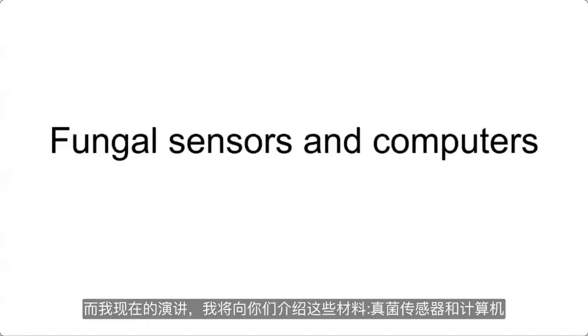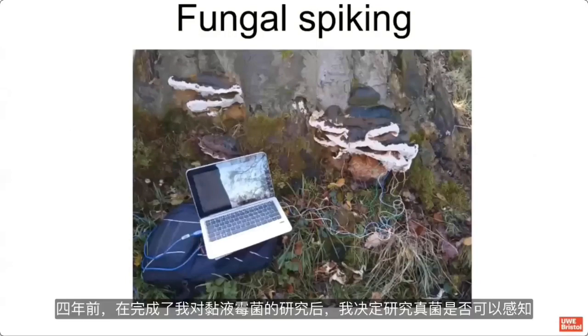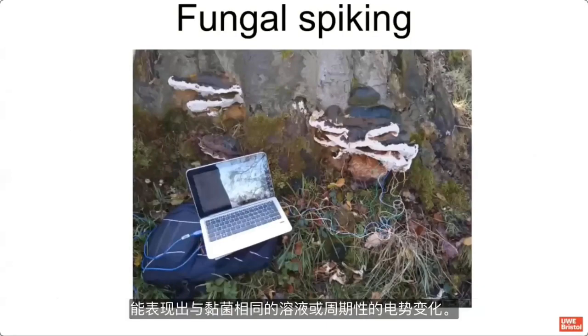Fungal sensors and computers: how did it start? Four years ago, after completing my experiments with slime mold, I decided to check if fungi can show the same electrical oscillations, or periodical changes in electrical potential, as slime mold does.